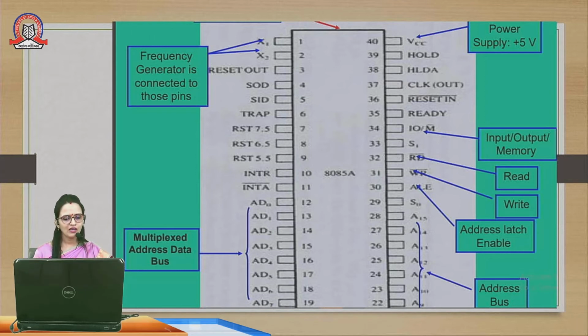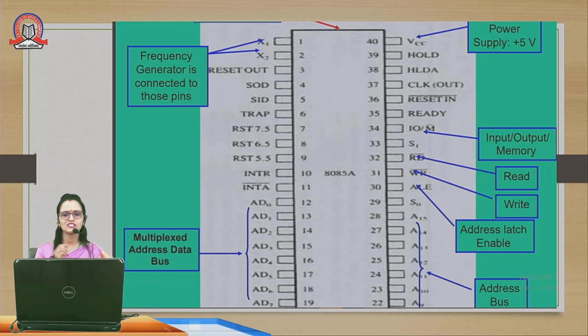Now we see the box AD0 to AD7. It means the address data bus. Suppose I give an example: you want to go somewhere, so you use some means of traveling, like a bus, a train, or a motorbike, whatever you want.